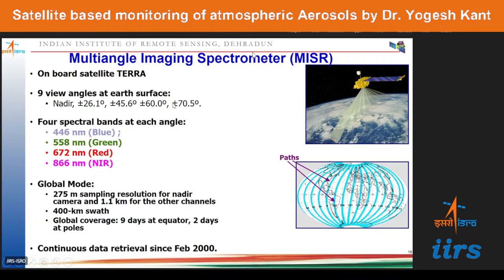Also, it tries to estimate the aerosol types, depending on the different sizes, that is, not only an integrated loading, but also whether the particulates are in a fine mode or in a coarser mode.